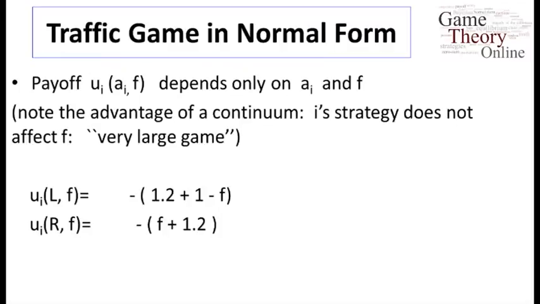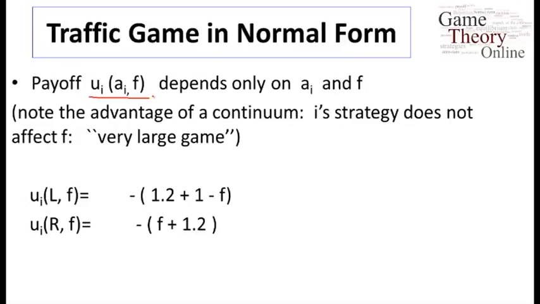The payoff u sub i of the player will be a function of the action a_i chosen by the player, left or right, and that fraction of players who decided to go right. Notice that we're making an assumption here of there being many, many players.